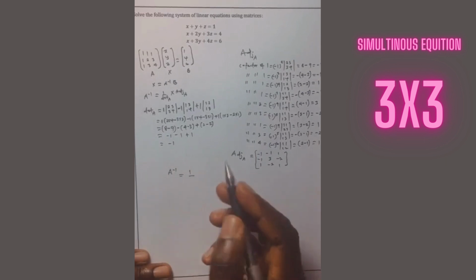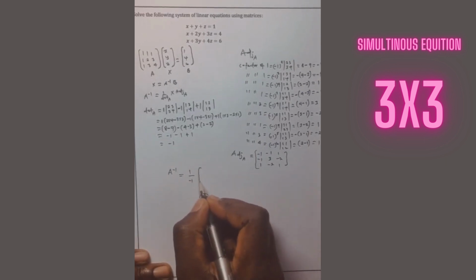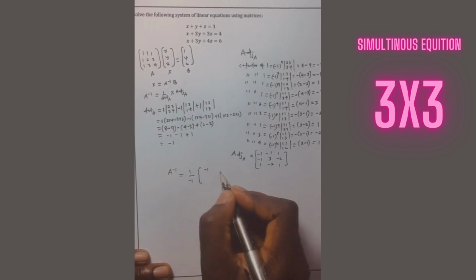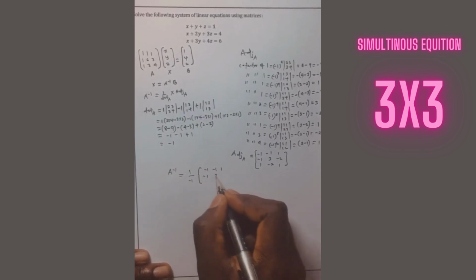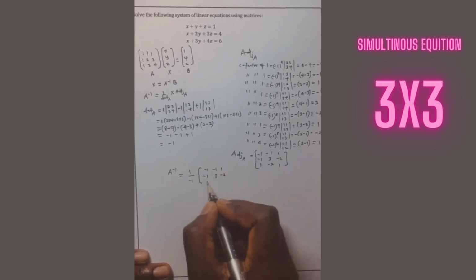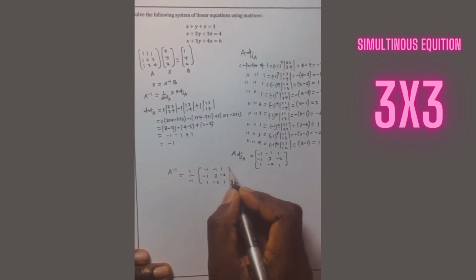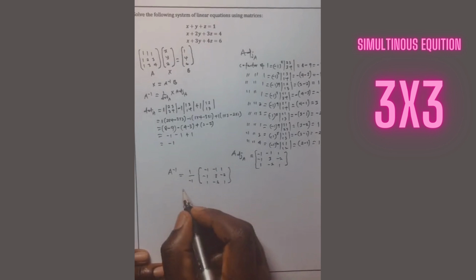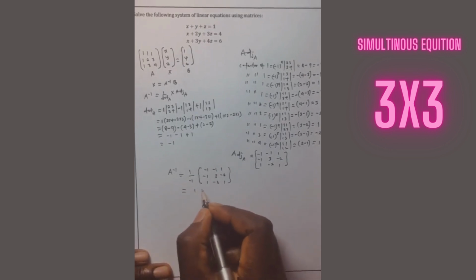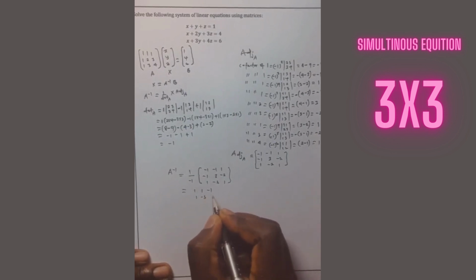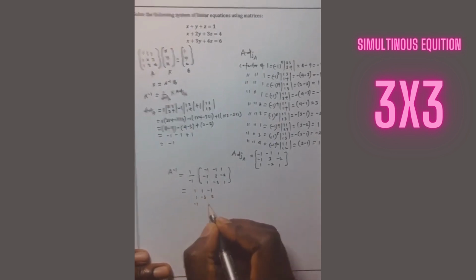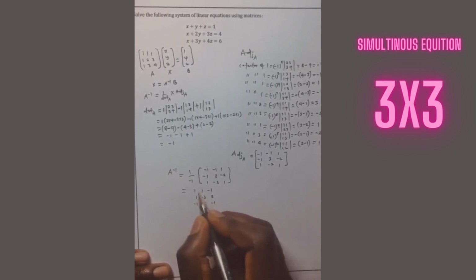The determinant was negative 1. Then it multiplies the adjoint. And that's going to be equal to 1, 1, negative 1, 1, negative 3, 2, negative 1, 2, negative 1.